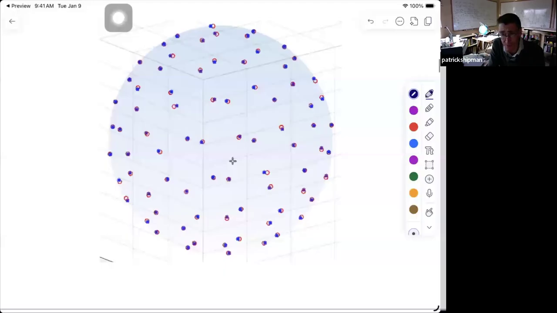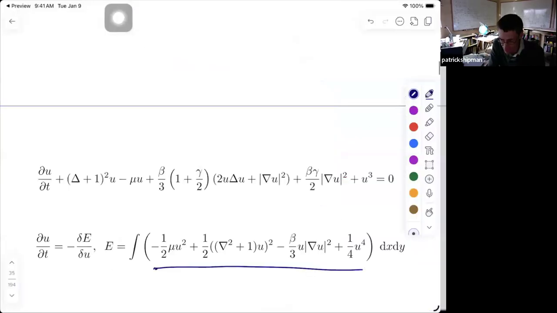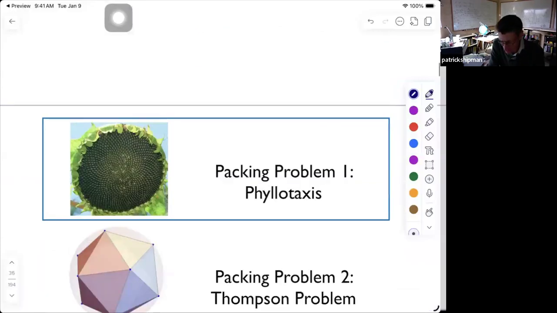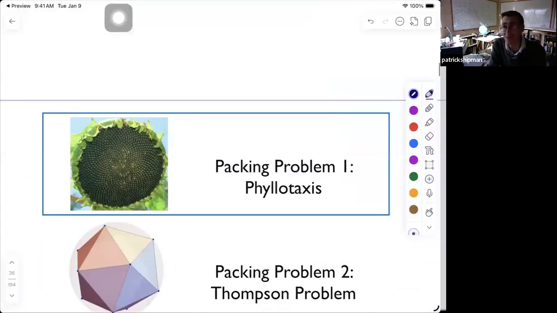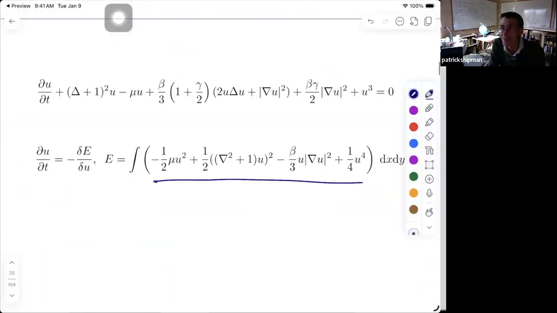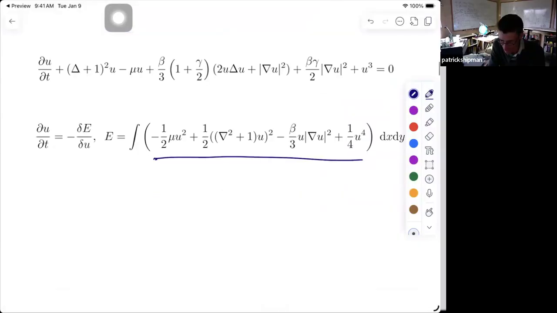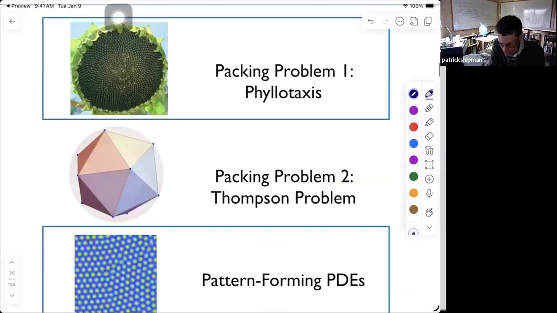So the question is, what form of the PDE actually relates most to the problem of optimal packing? And that's close to the end. So maybe that's all. There were just the ideas I wanted to get across. Maybe the main idea is that you can actually relate the Swift-Hohenberg equation to the classic Thomson problem.